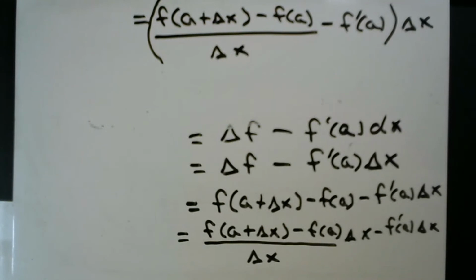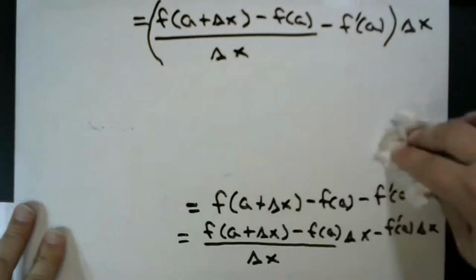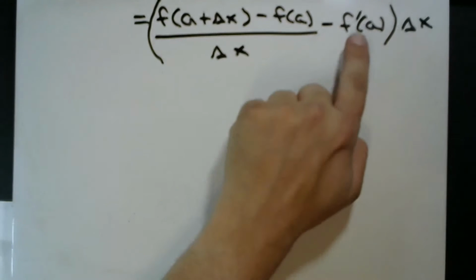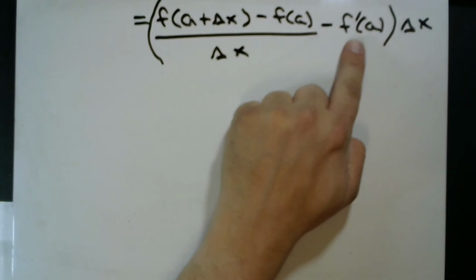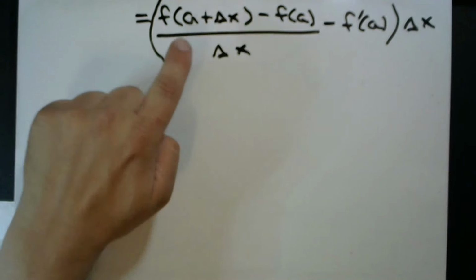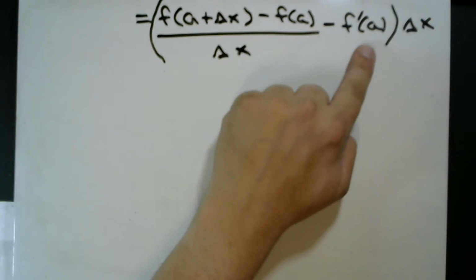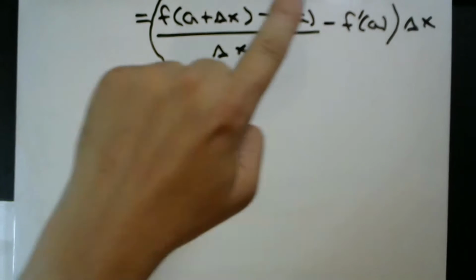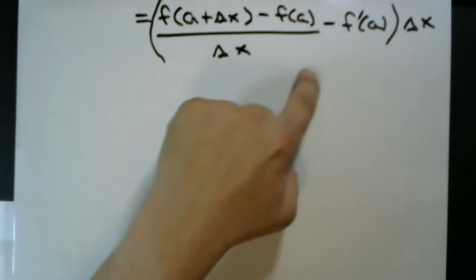We're going to get something like this. And what's interesting about this is if you think about the derivative, f prime of a, to get this, if we had a limit here, the limit as delta x goes to 0, this becomes that. So we're going to approximate this with this.